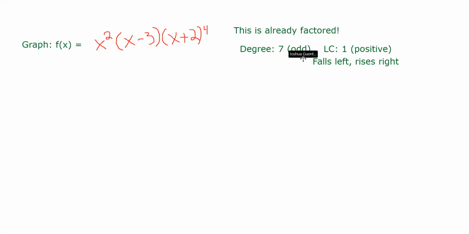Also, we need to look at the roots and their multiplicity. So here, this one is actually going to be a root of x equals 0. Because if you think about it, x squared could just be written as x minus 0 squared.